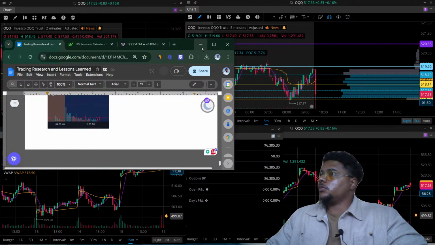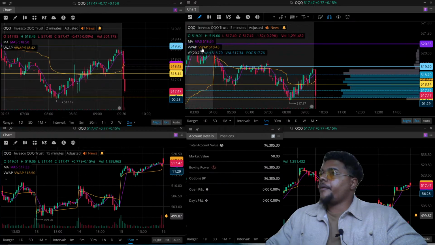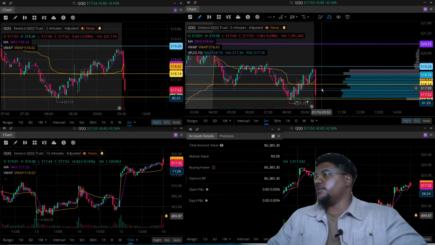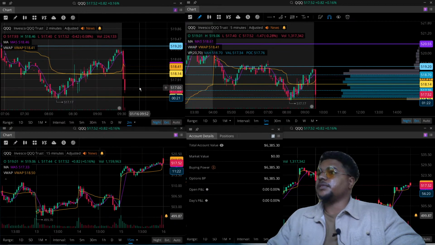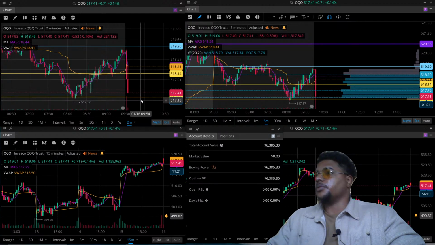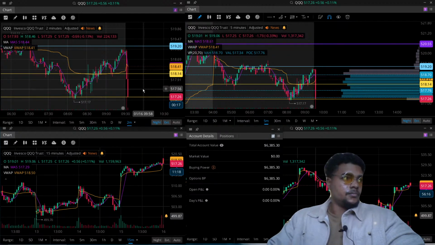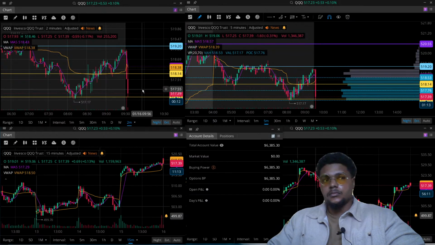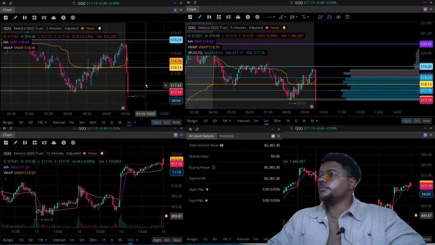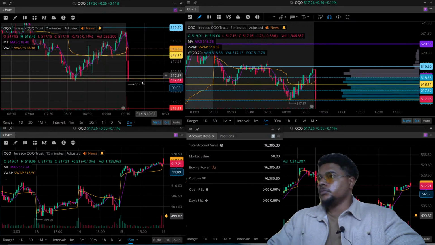Okay. That's that. I'm seeing a big drop. It's down there crashing. See if it bounces off of this pre-market support. Straight through. Let's see if it closes. Usually it closes right there.